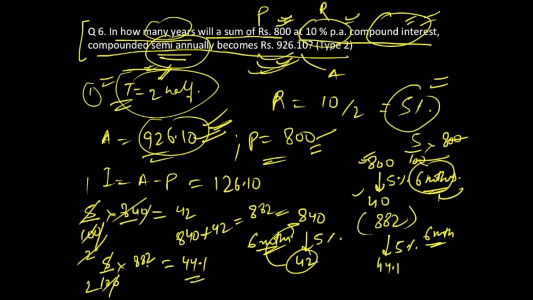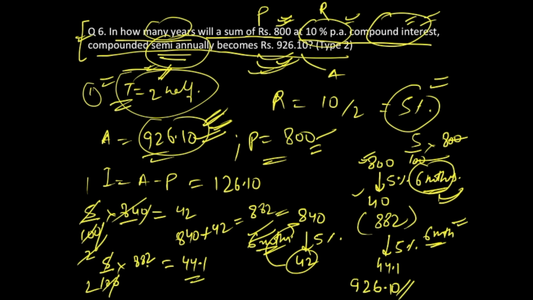This is your first 6 months, second 6 months, this is your third 6 months. If you add 44.1 to 882, you're going to get 926.10, and that was the amount that we are actually getting in this problem.